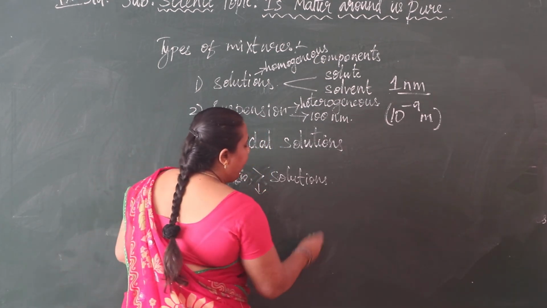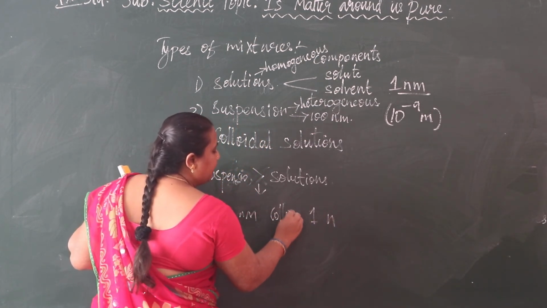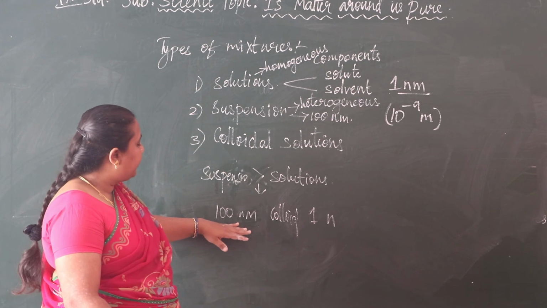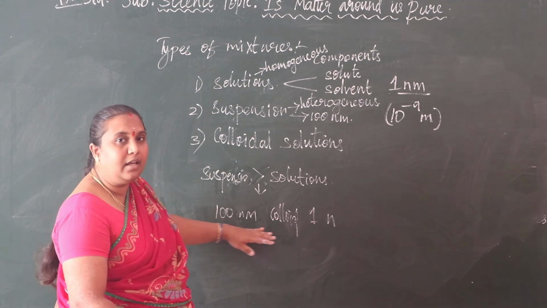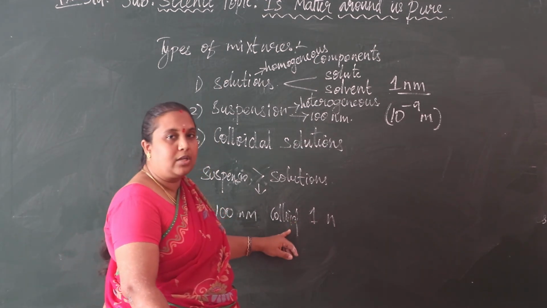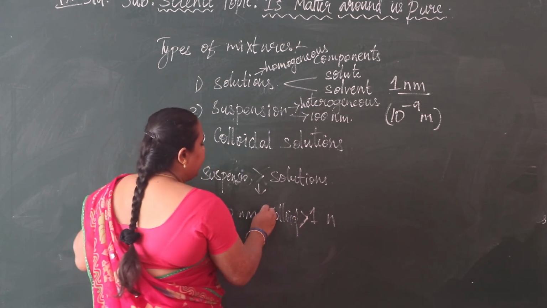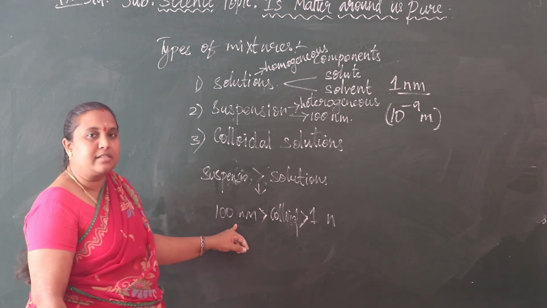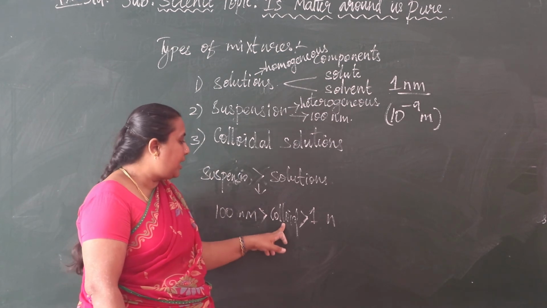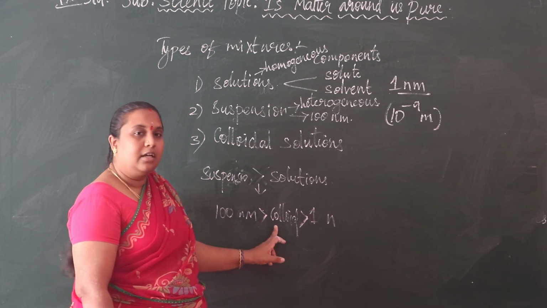So the size of the colloid particles in the colloidal solution is greater than the solutions and less than the suspensions.